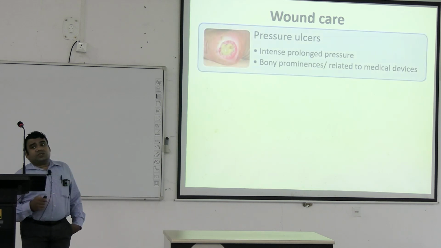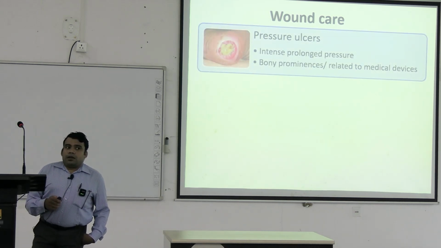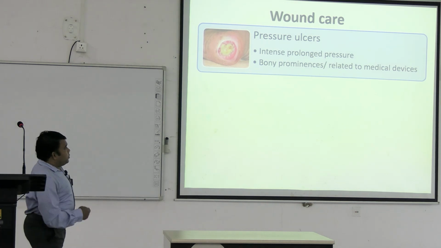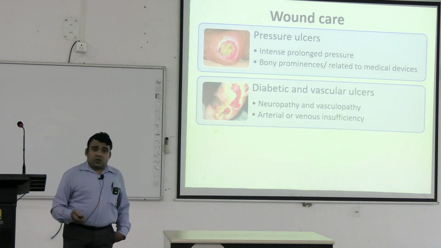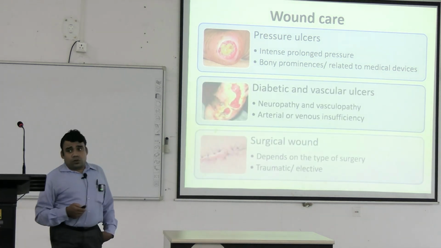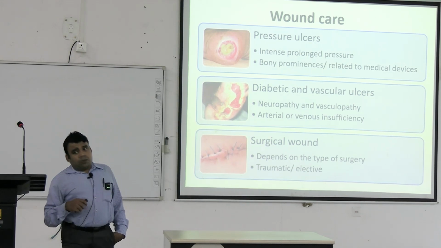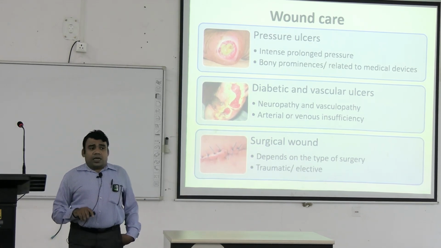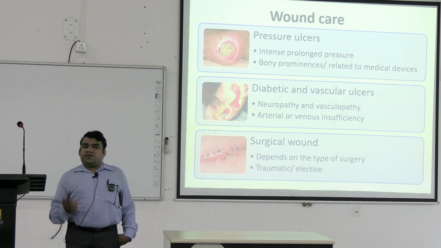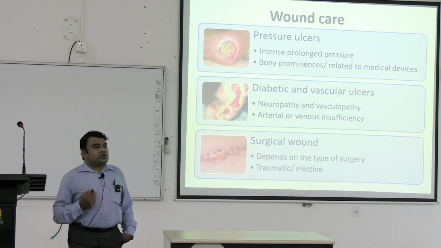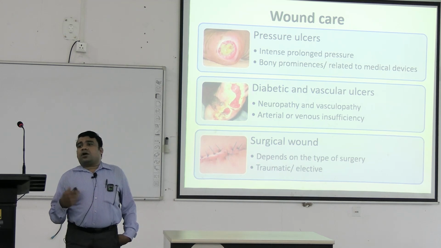Another important aspect is wound care. Especially in the surgery ward, you will find there are many types of wound, like a pressure wound, or a diabetic or vascular wound, or a surgical wound. Now, why is this important? Because these wounds may or may not be infected, and sometimes even an uninfected wound may become the nidus or the source of a pathogen for other patients.